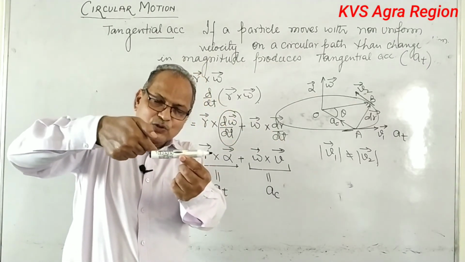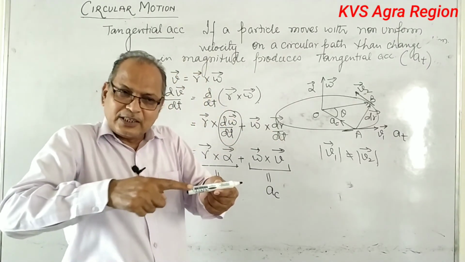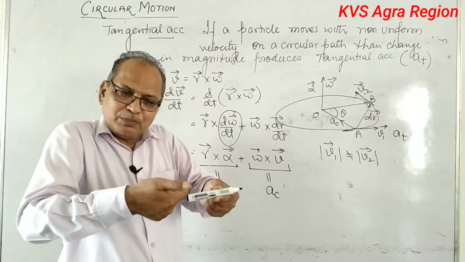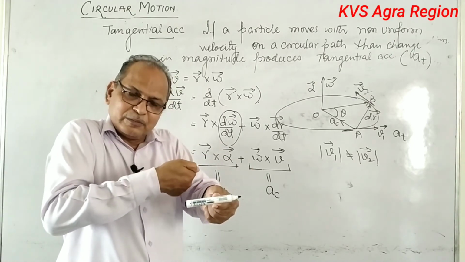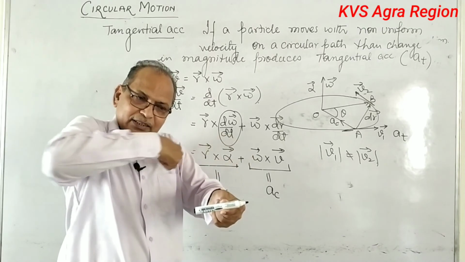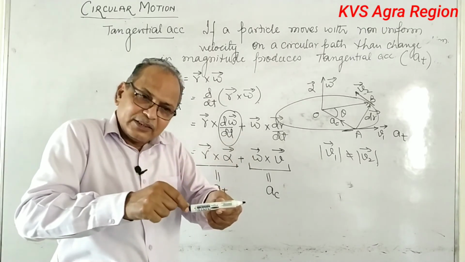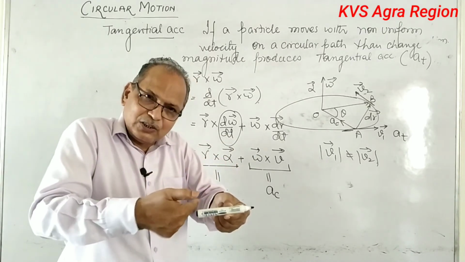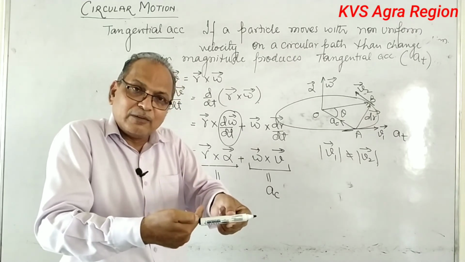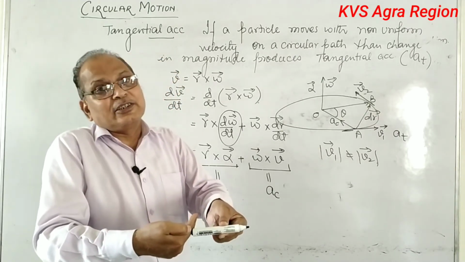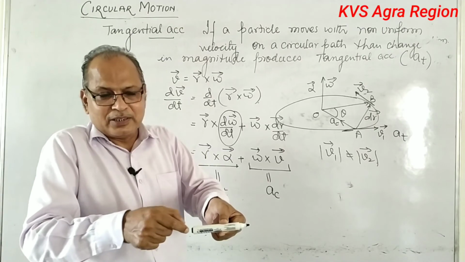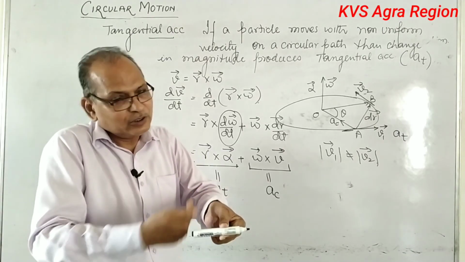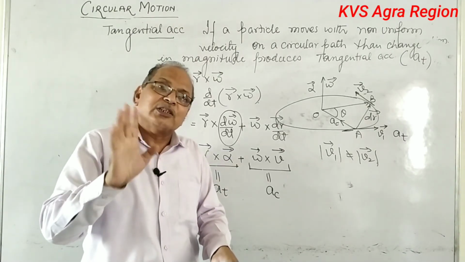Centripetal acceleration is towards the center. See, this is tangential, this is centripetal towards the center. Object is moving like this. So tangential acceleration and centripetal acceleration, what is the angle between the two? It is 90 degree. See, this is tangential, this is centripetal, angle between the two is 90 degree.